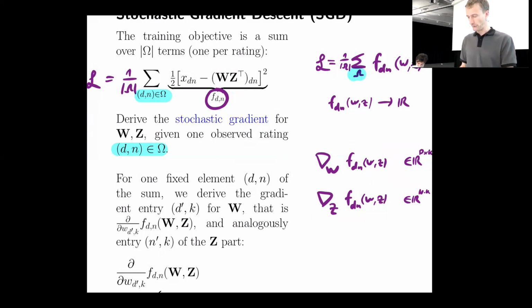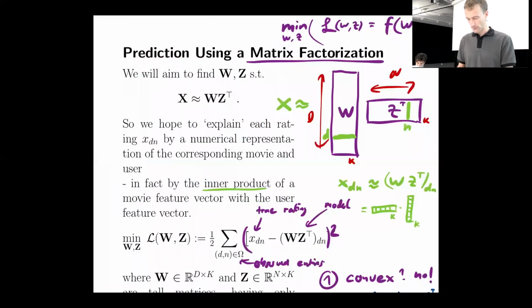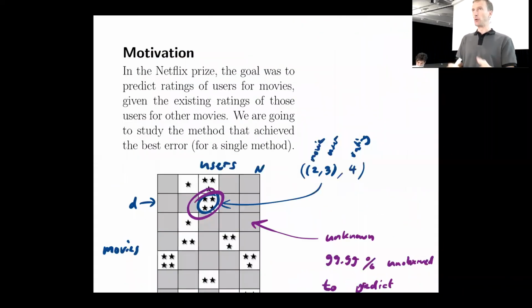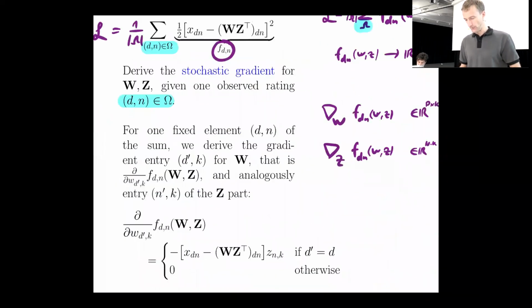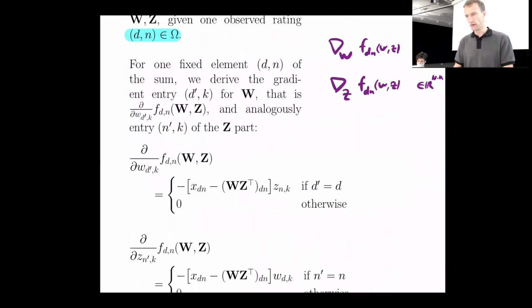After the break, we will see what information we require to compute the gradient for just one entry, 4 stars minus your prediction, and how complex it is to compute. We will see it's not so bad, and then I'll show you the formula.